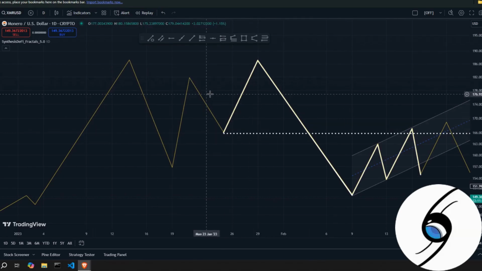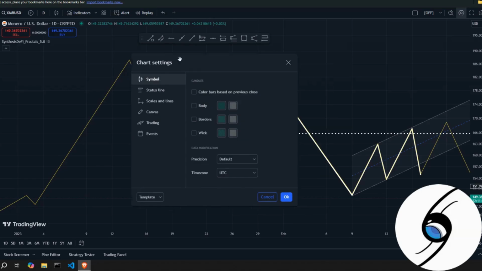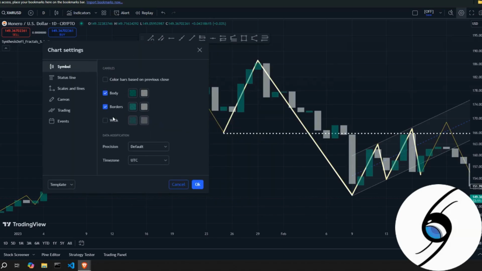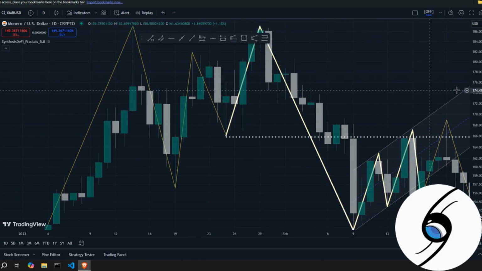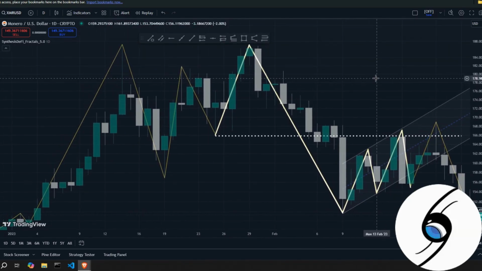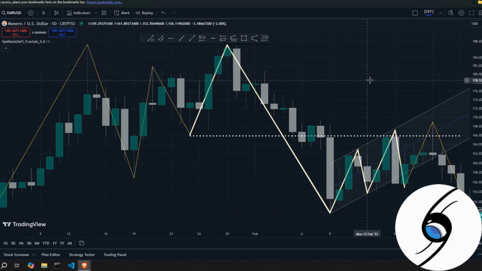Right? Now I'm going to open the candlestick charts again for you guys to understand the difference. Look at that. The candlesticks completely mess with your mind, right? If you have some years of trading, it's easier to identify these things.